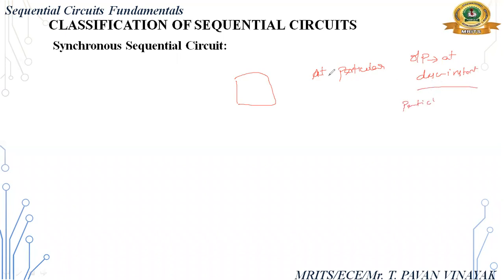For example, I give inputs like 0 and 1 to the combinational circuit. Suppose this is one AND gate, and for this AND gate, one input is from the memory element.